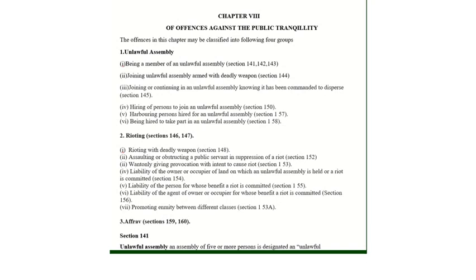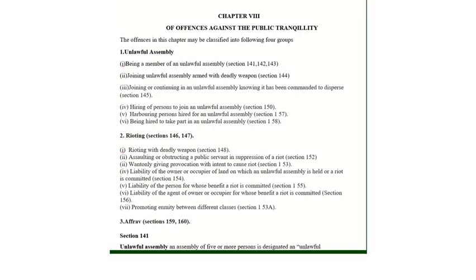This chapter, chapter 8, consists of 22 sections commencing from section 141 to 160, including 153A and 153B, dealing with a class of offences falling between offences against the state on the one hand and the offences against the person and property on the other hand. The offences discussed in this chapter are commonly known as group offences.